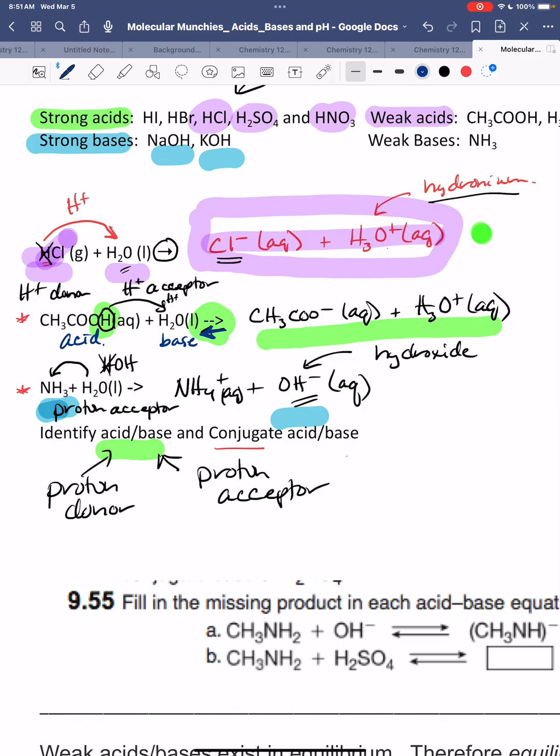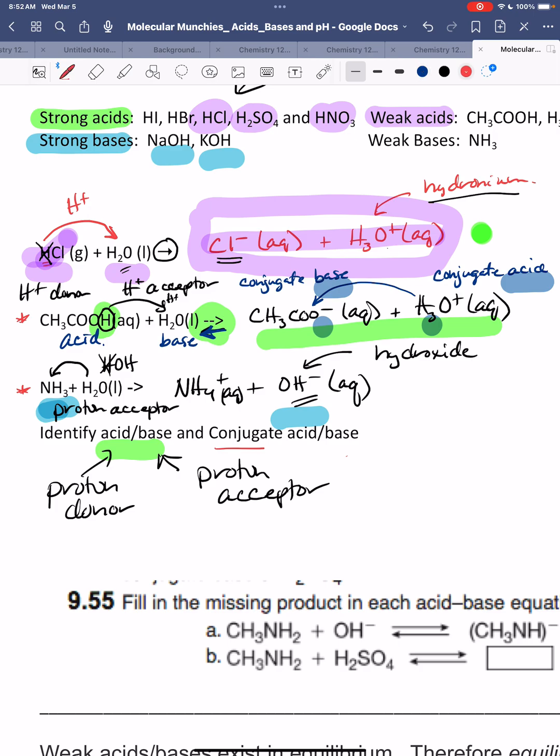And what you might notice is when it goes backwards, this hydrogen gets donated to this, which is called an acetate ion. So that makes this the conjugate acid. We just give it another name just so we can distinguish them from one another. And that makes this the conjugate base. So still the same idea. The acid gives away the hydrogen, the base accepts it, but this time it's looking at the opposite side of the reaction. So we can do the same thing on this, the ammonia and the water.